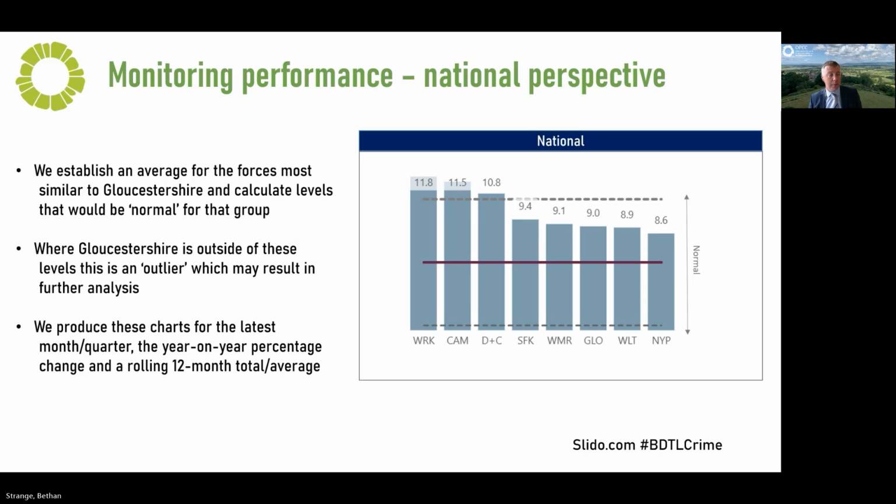That's usually a good place to be. We're also slightly above Wiltshire. I'm assuming that this is a good thing, because in Gloucestershire we always like to be above Wiltshire because we're the oldest force outside of the Met, and they are the second. And don't let them tell you any different.